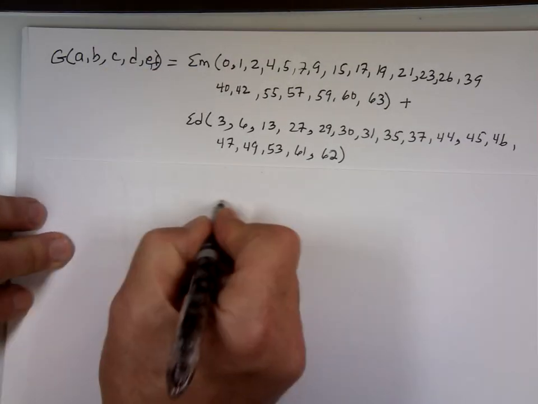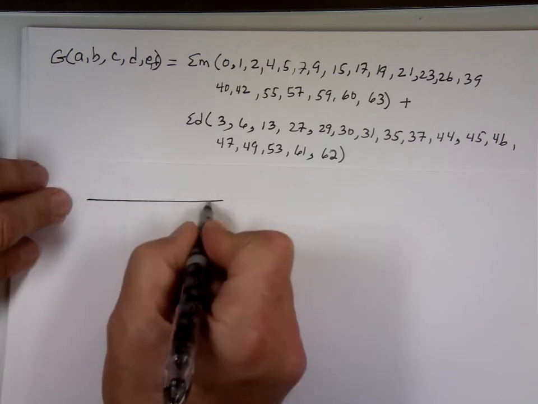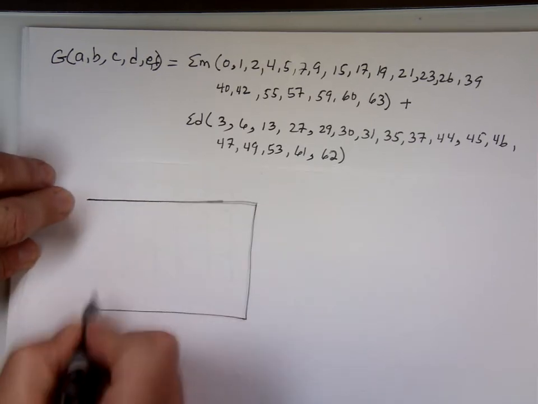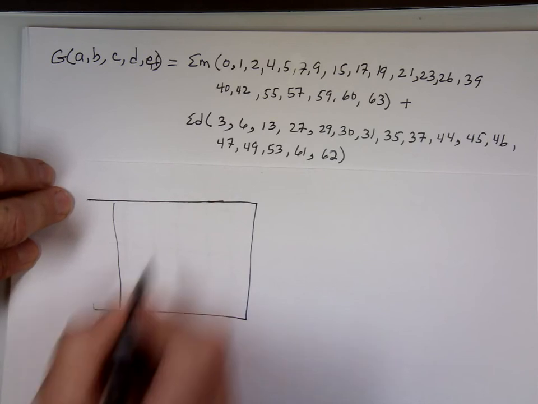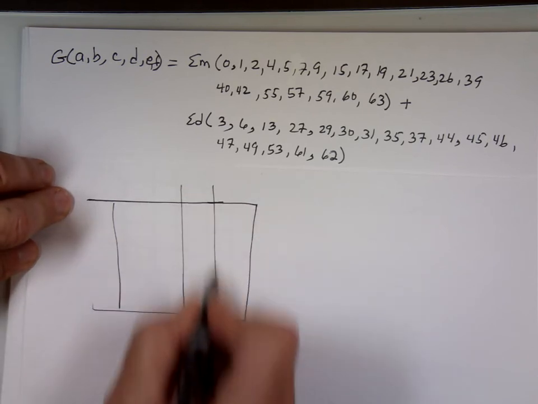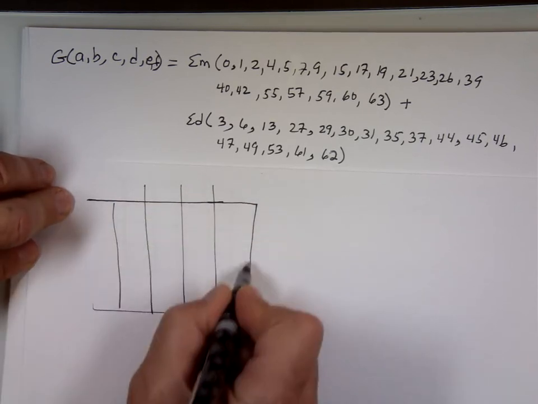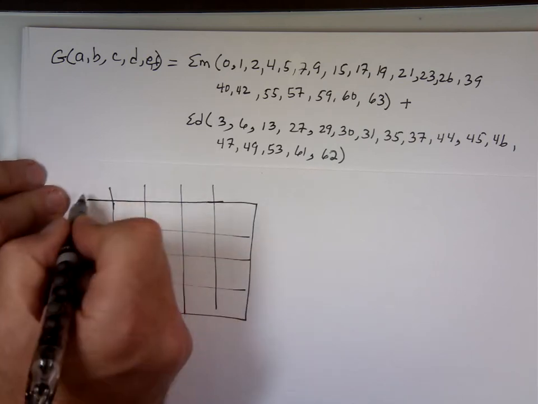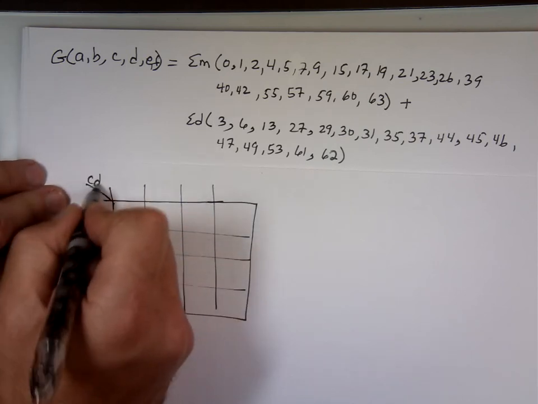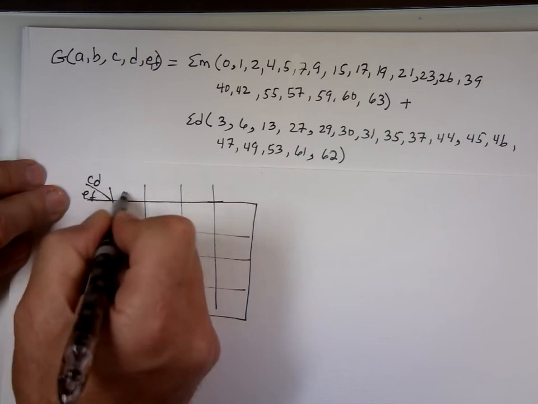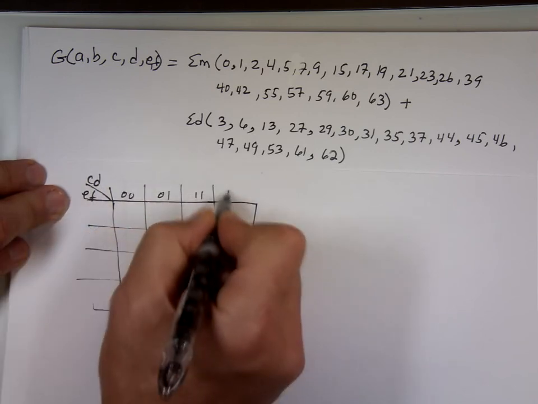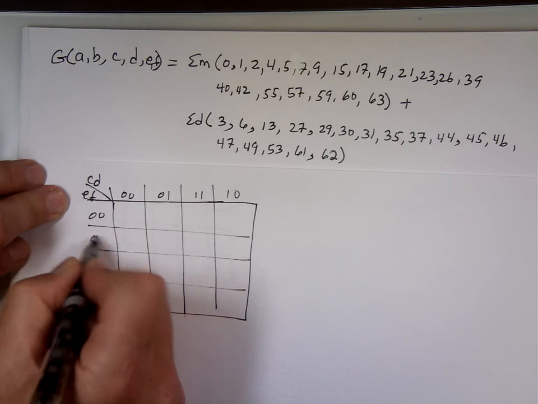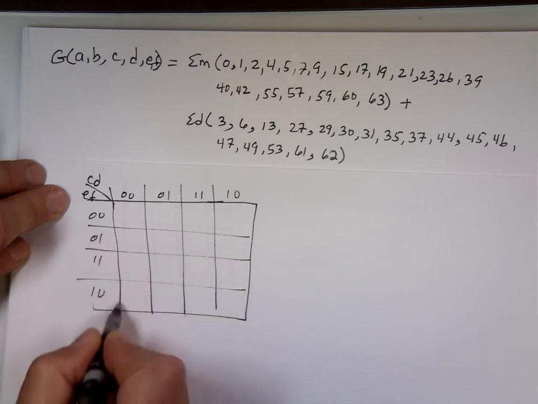I'll do it like this. I want to make them a little bit big so they're not too squished together when I number them. So this is C, D, E, F. This is A equals 0, B equals 0.